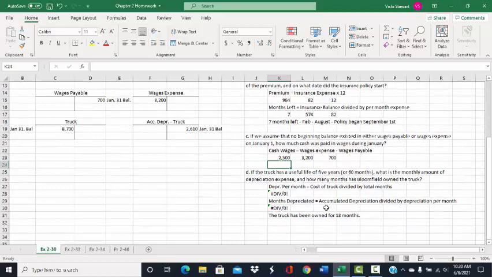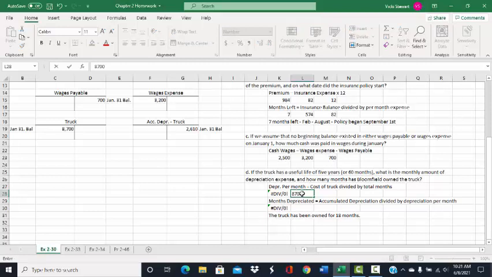The D portion of the problem states, if the truck has a useful life of 5 years or 60 months, what is the monthly amount of depreciation expense, and how many months has Bloomfield owned the truck? Okay, so to determine the monthly depreciation, we take the original cost of the truck, and there was nothing mentioned about any kind of salvage value, so we're just going to assume that the whole $8,700 will be depreciated.